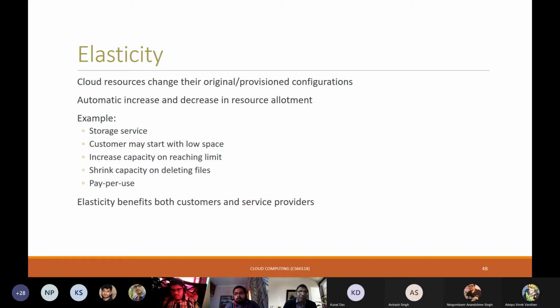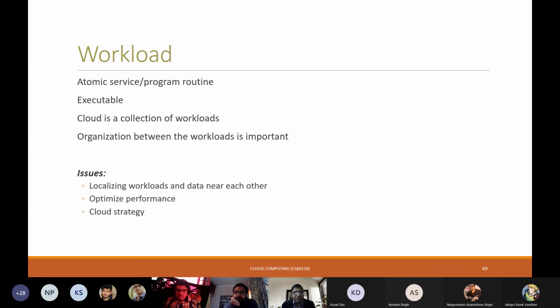So unless you adopt this kind of resource provisioning and deprovisioning elasticity, these things are not going to work. That's why elasticity benefits both the customers and the service providers, making it win-win for both the consumers as well as the providers.